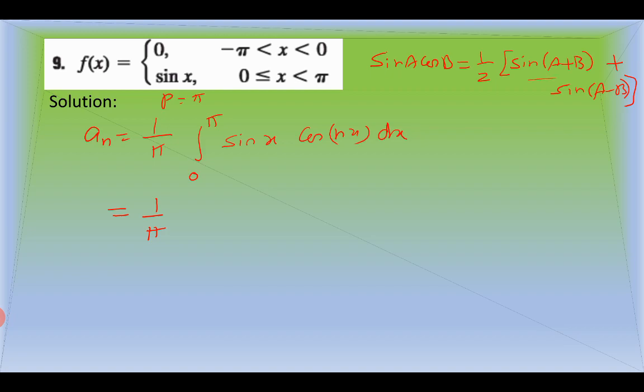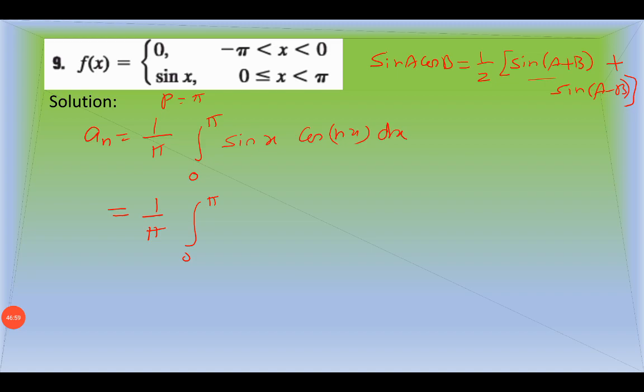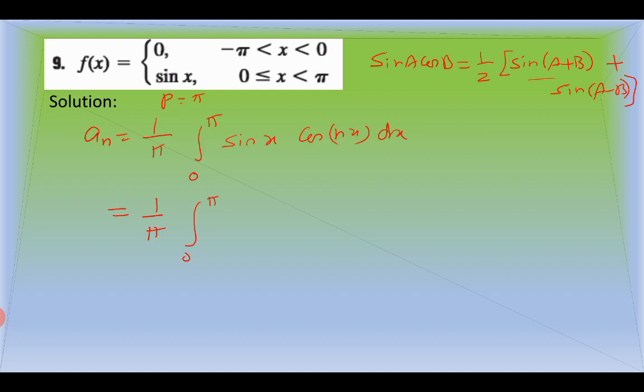One over pi, this sin a cosine b, use this formula, right? So it will be integral 0 to pi, sin a cosine b can be written as 1 by 2, 2 can be written outside.